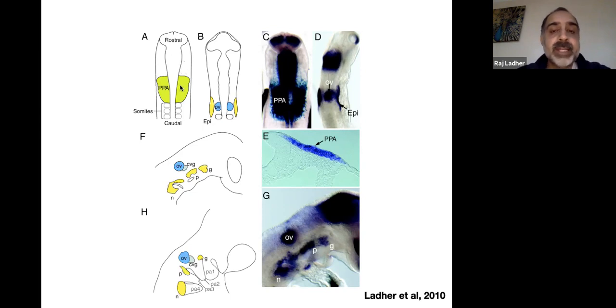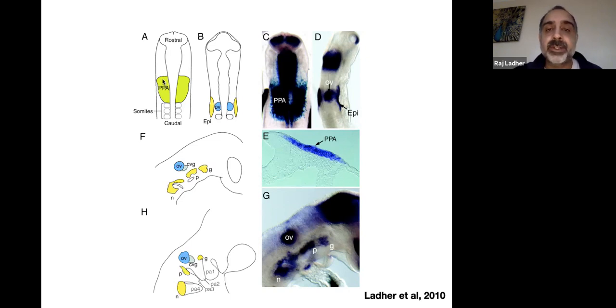By a particular stage, we seem to have subdivided this preplacodal domain into what is now the precursor domain of the otic placode and epibranchial placodes. So I've called it, it's either called the otic epibranchial precursor domain, the OEPD, or the posterior placodal area.